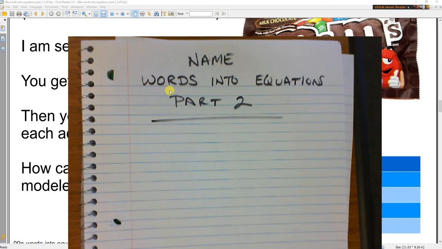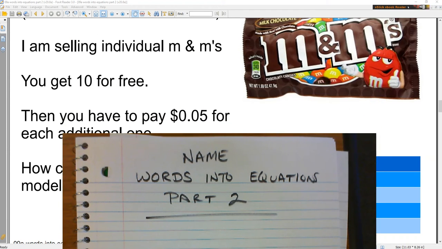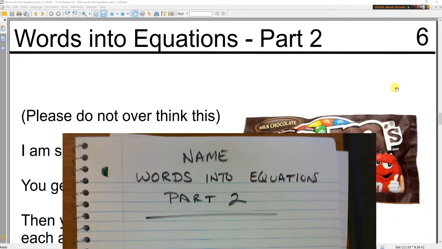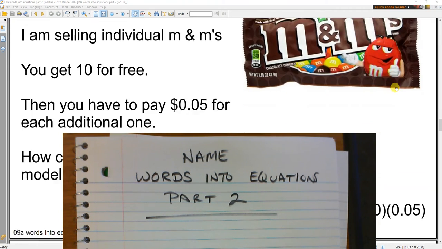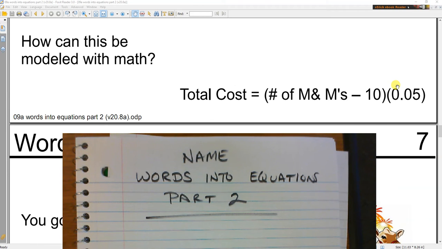So how do we model this idea that I get something for free, and then after that, I have to start paying for it? Well, here's how it could be modeled.